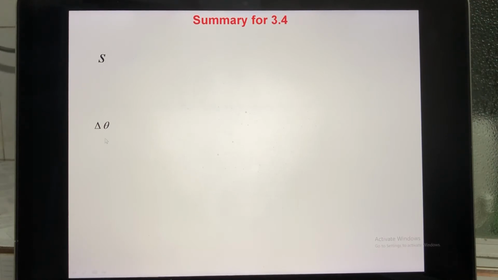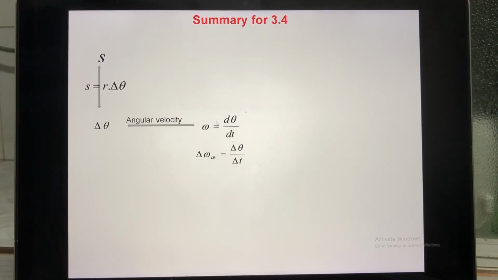So here is the relation between the angular position delta theta and the distance s, like this. When you have an angular position, you can calculate the angular velocity. Here actually we have an instantaneous one and an average one. When you have a distance, you can calculate the linear velocity.